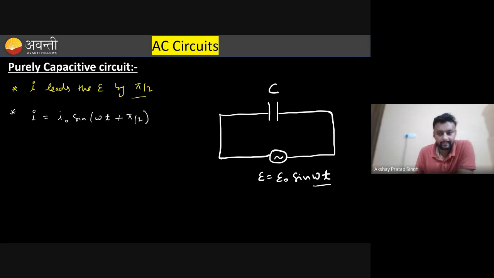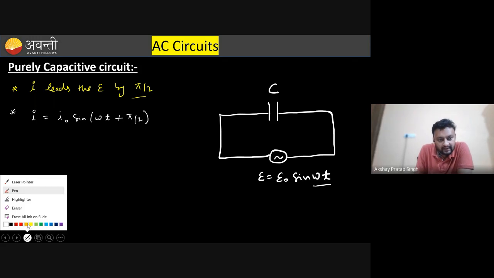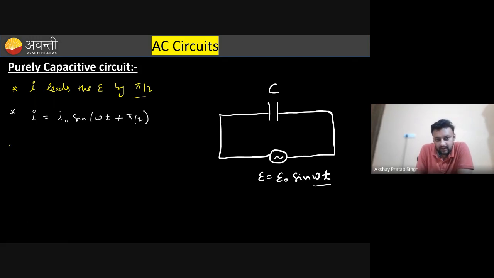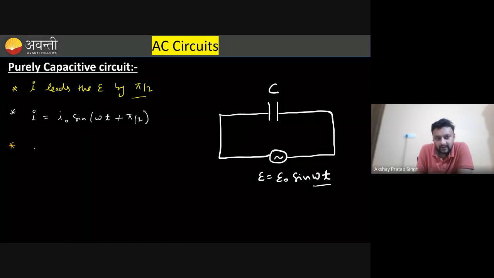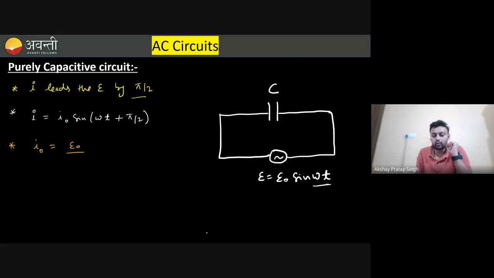Now one more thing. The next punchline is how you write the current. The maximum current in the circuit will be E naught by resistance, E naught by the resistance according to Ohm's law.